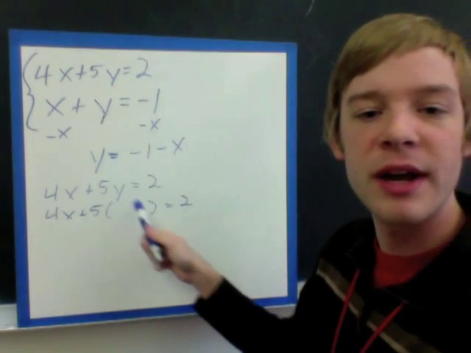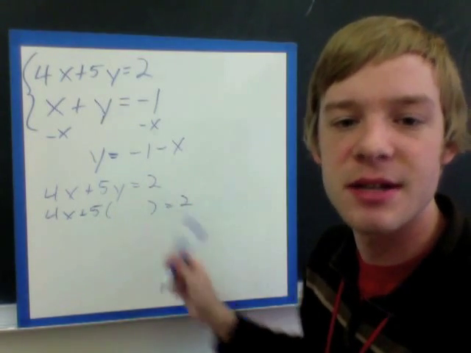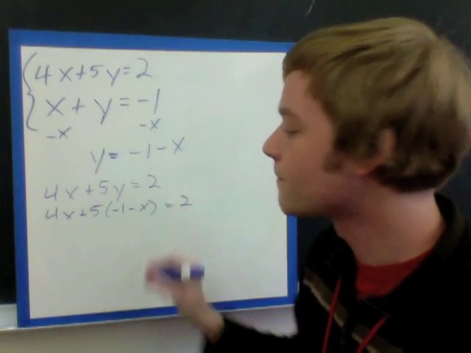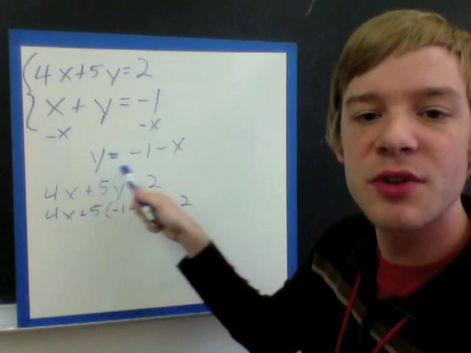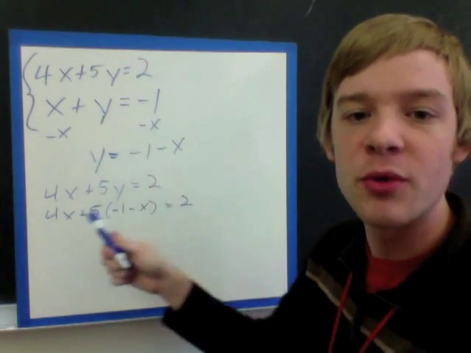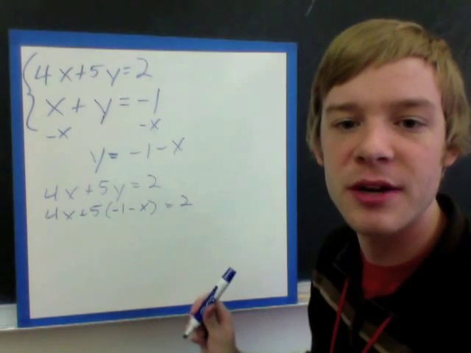So instead of y, I now have the empty parentheses here. I'm going to put negative 1 minus x inside. We plugged this in because this was where y was, and that's what we solved for. Obviously, if we were to solve for x, we would plug in for x. But we solved for y, so we're plugging in for y here.